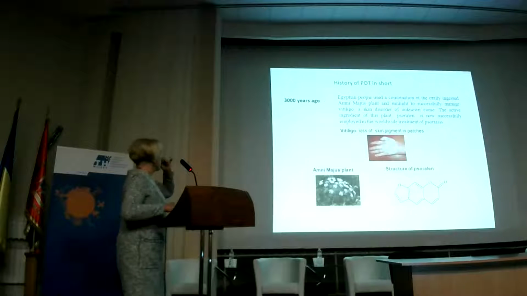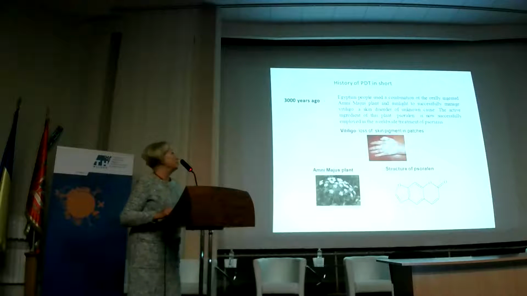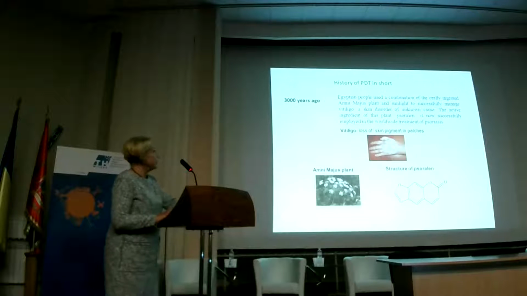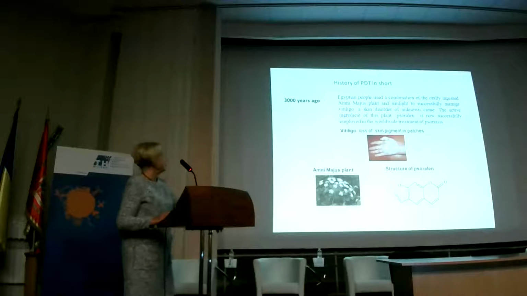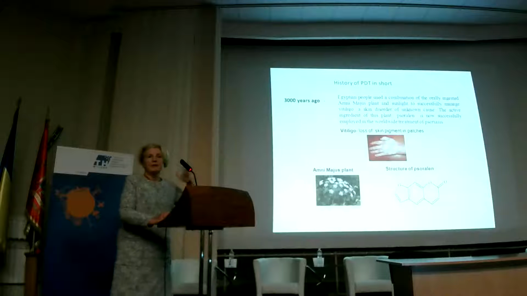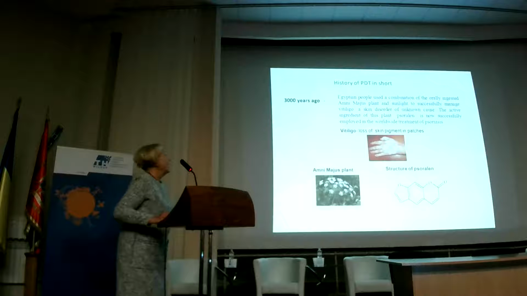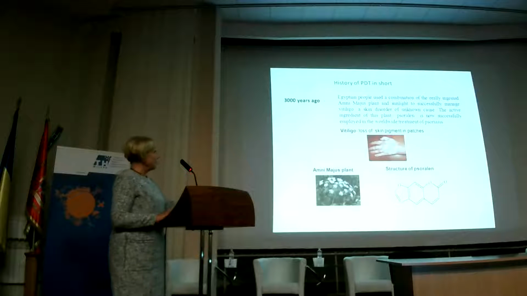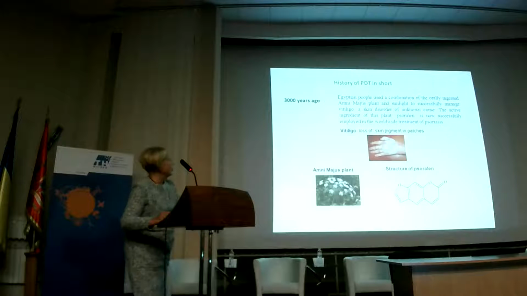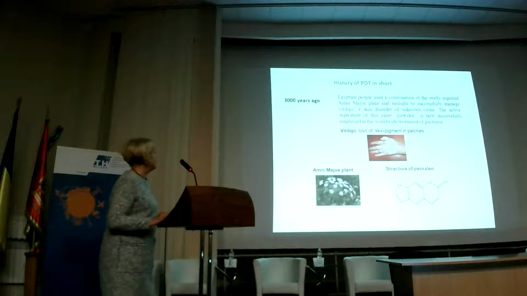So, 3,000 years ago, Egyptian people used a combination of the orally ingested Ammi majus plant, some kind of parsley, a well-known plant which we use, and sunlight to successfully manage vitiligo, a skin disorder of unknown cause.